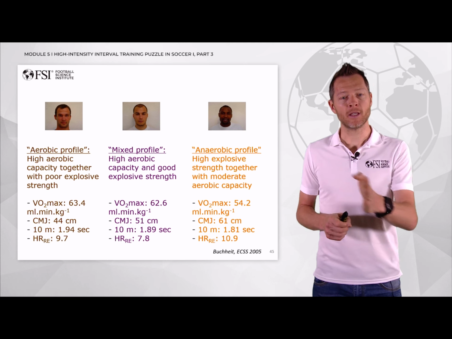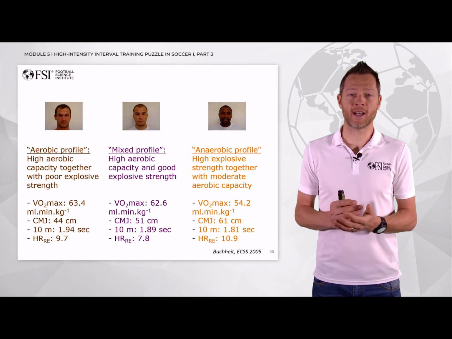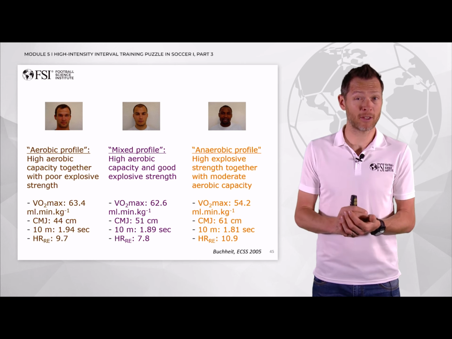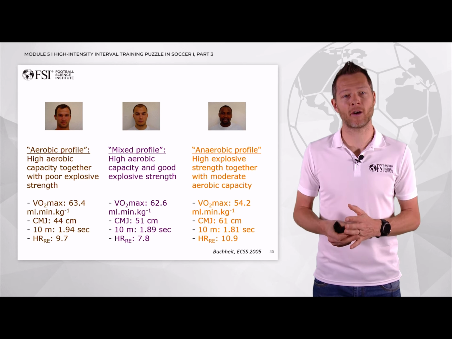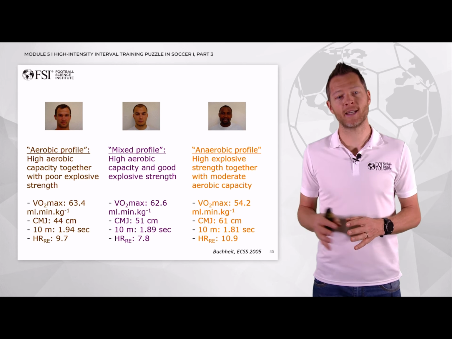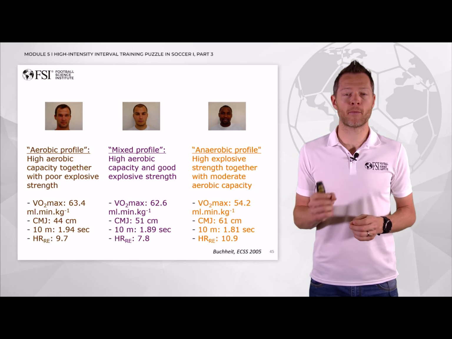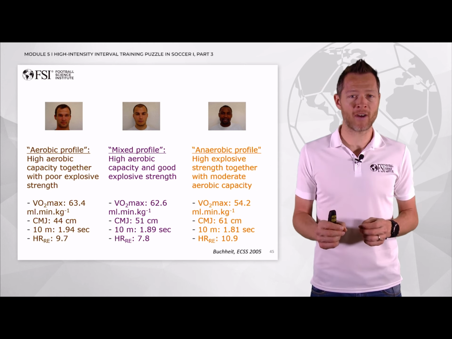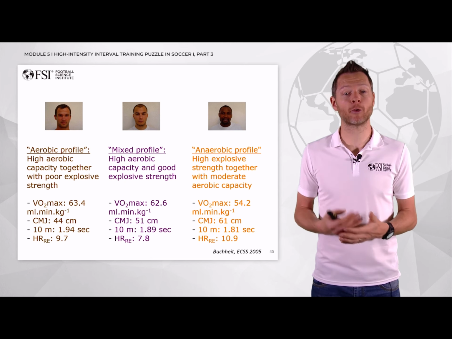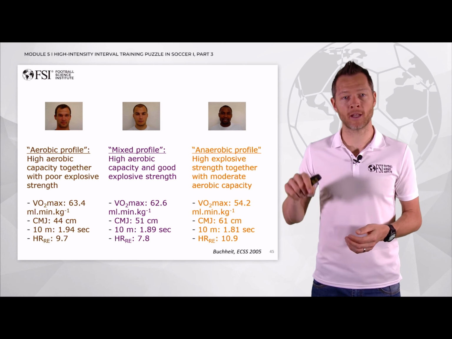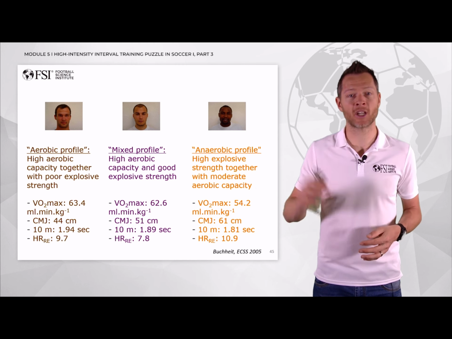In the middle, we have a proper mixed profile, so he has a good aerobic profile, but he also has an anaerobic profile and good explosive capacities. On the right side, I have really the other end of the spectrum. We have a player with a pure anaerobic profile, so not a very high VO2 max, but clearly some very good qualities in terms of jumping and sprinting. So he's very good at jumping and changing direction.